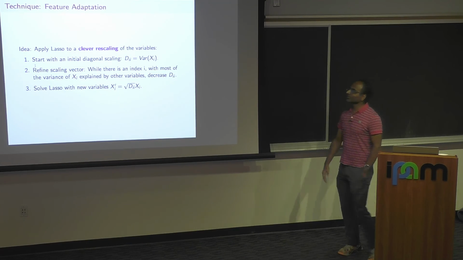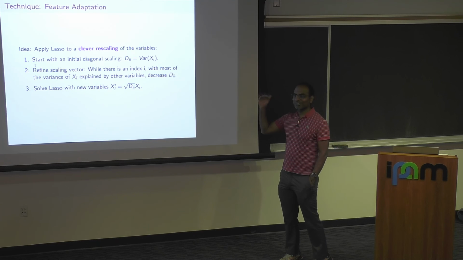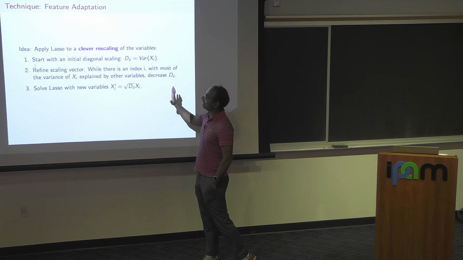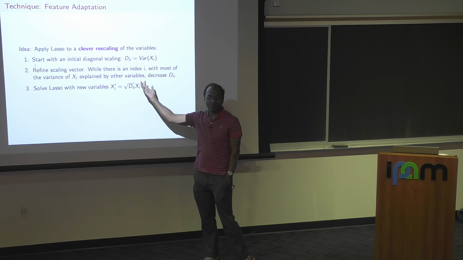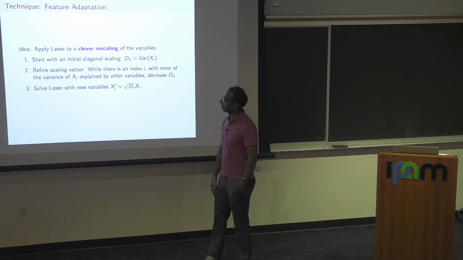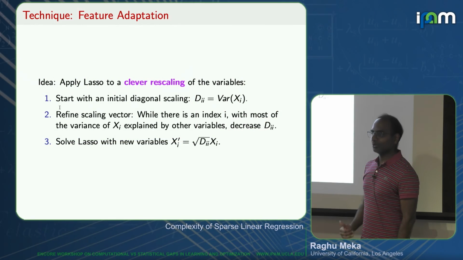So what's the algorithm? I'm calling it clever because it's not just scaling. Okay. So I'm going to start with the initial diagonal scaling, which is what you do every time you enter something into linear regression. I'll say I'm going to scale so that the variance of each coordinate is 1, just to kind of make the units same, right? But then you refine it.